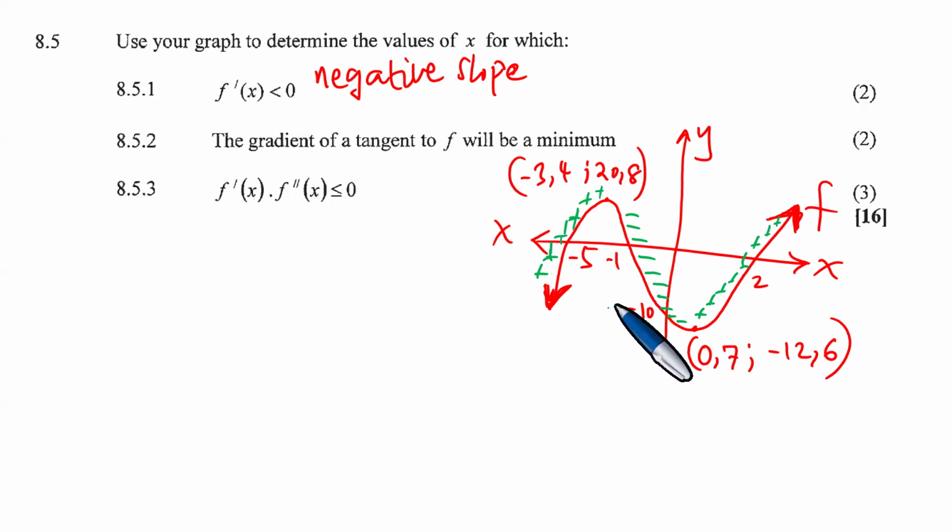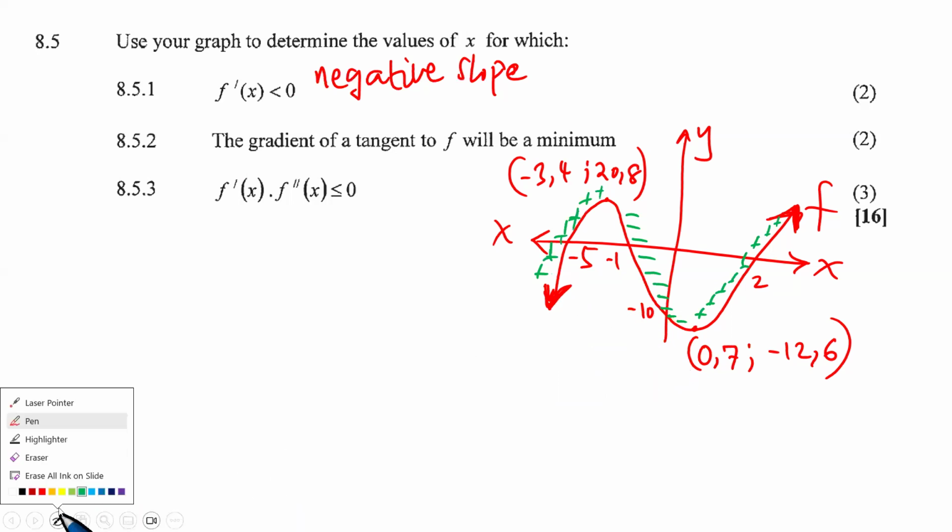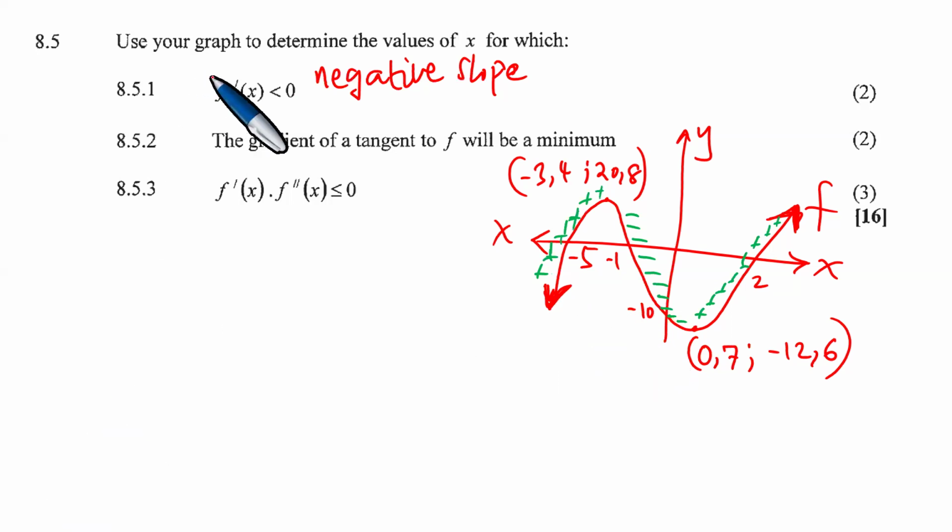So now use the graph to determine the values of x for which the first derivative is negative, meaning the slope is negative. So if the slope is negative, what do we have? For what values of x? I'm sure you can get this one right now.